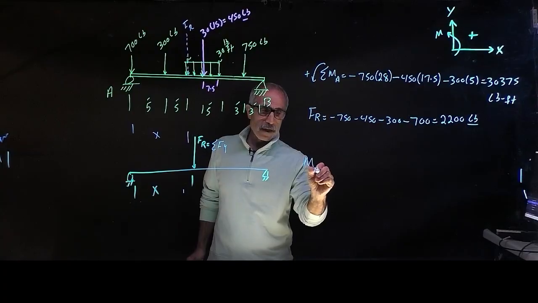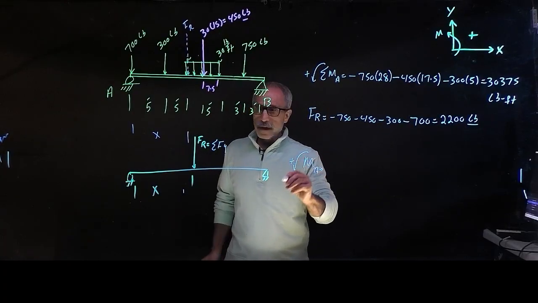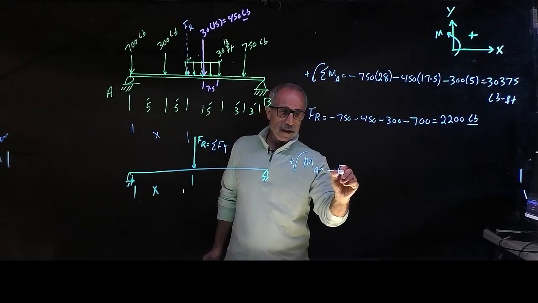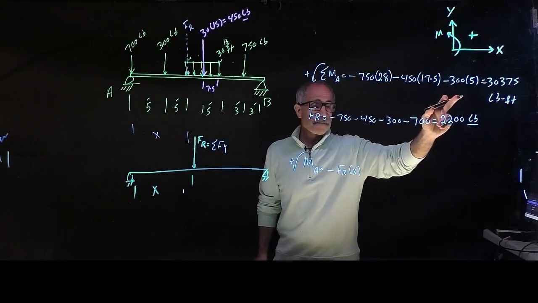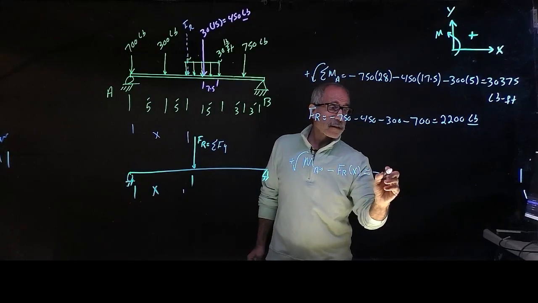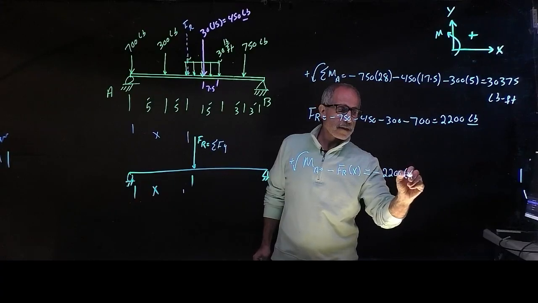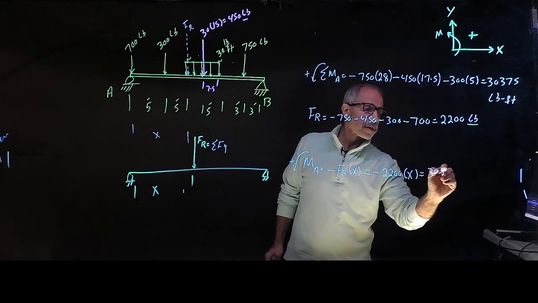Now, if I take a moment about this point, M about A due to the resultant force, this way is positive, so it's going to be negative: minus FR times distance x. That should be equal to this, which is minus 2,200 times x, and that's equal to 3375.